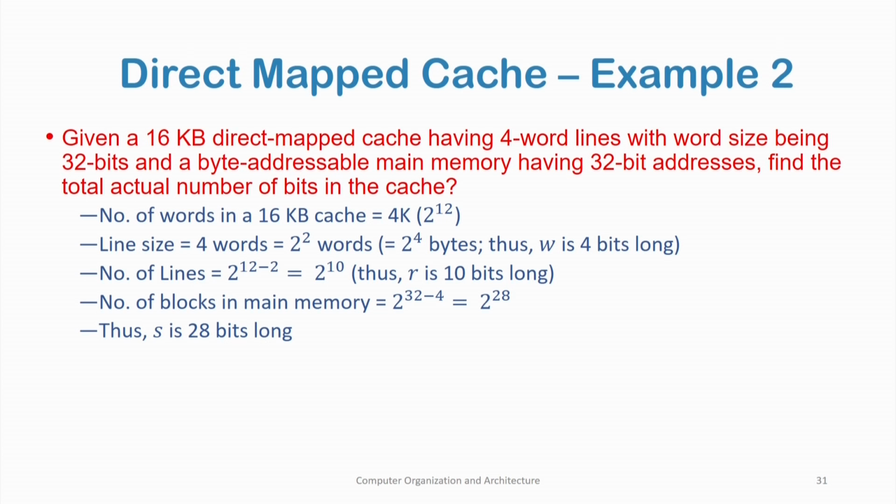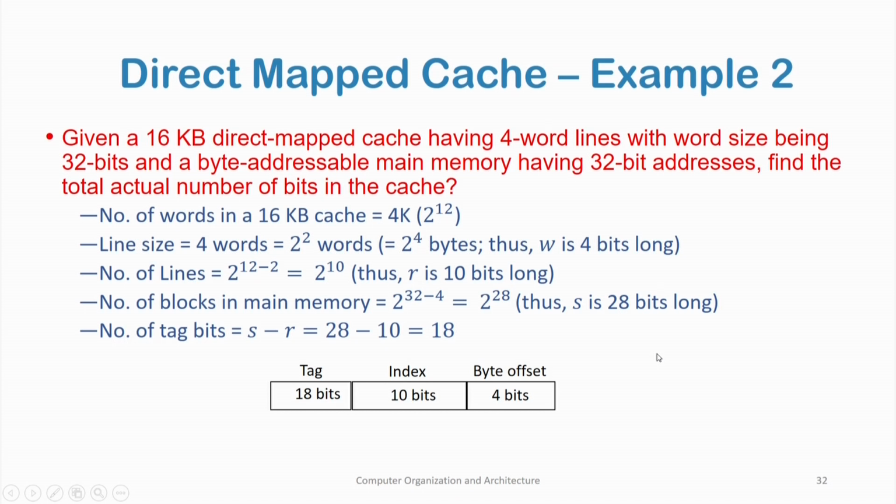So, the number of blocks in main memory is equal to the total number of bytes divided by the number of bytes in each block, which equals 2 to the power 32 divided by 2 to the power 4, equals 2 to the power 28. So, S is 28 bits, because we have 2 to the power 28 blocks in main memory.